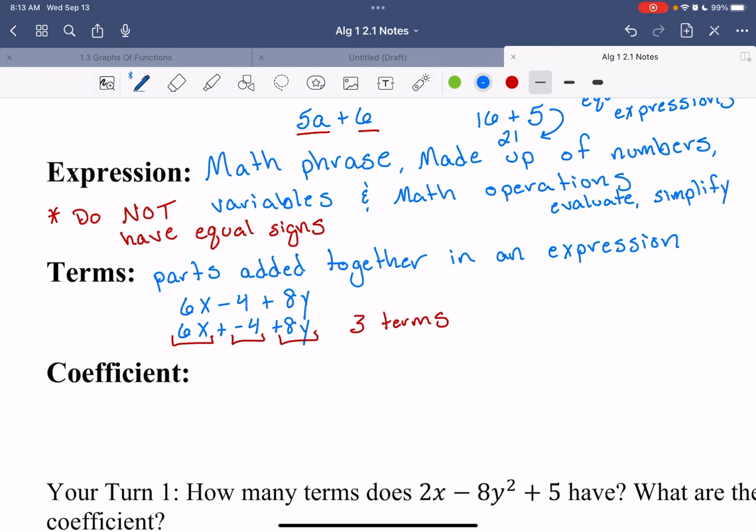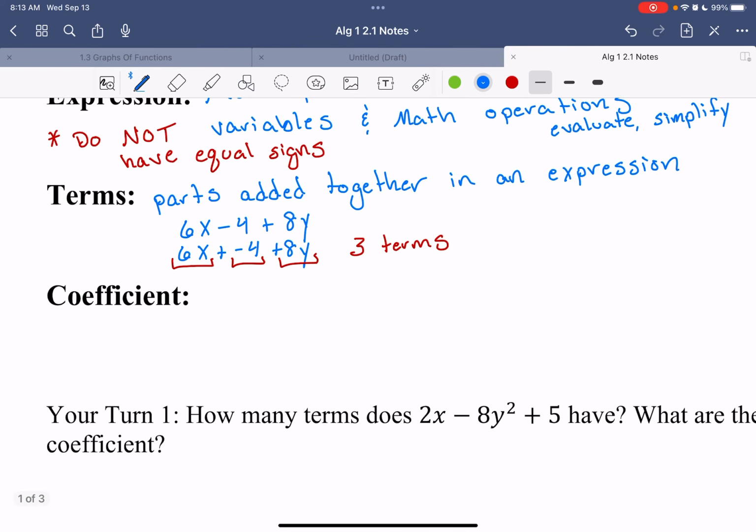Okay. Now, a coefficient. A coefficient is the numerical part or the number part of a variable term. A coefficient is just a number.